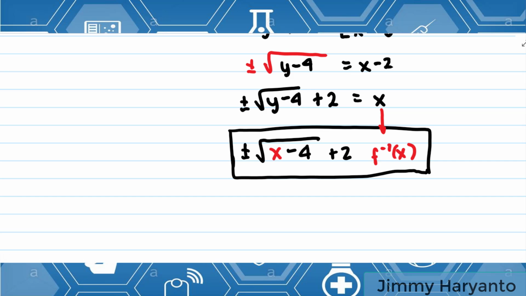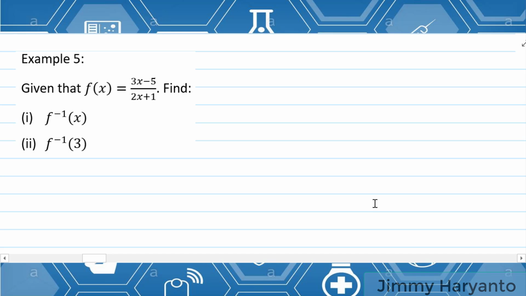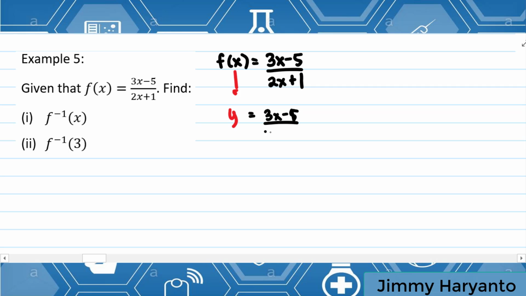Okay, next. How about this one? Rational function. f(x) equals 3x minus 5 over 2x plus 1. First step, we have to change this into y. y equals 3x minus 5 over 2x plus 1.